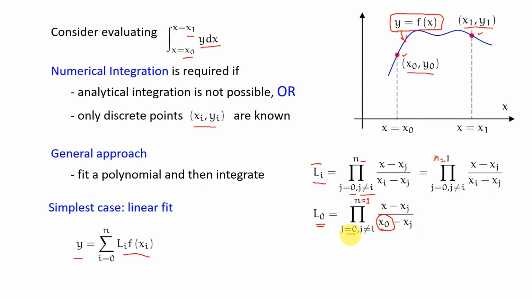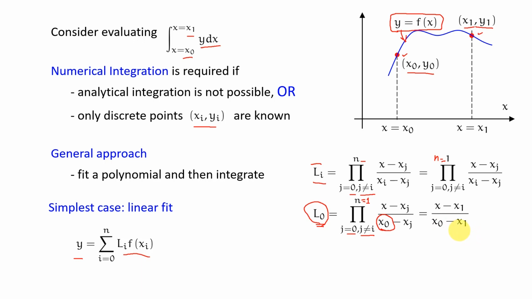In this product, j can go from 0 to 1, but since i equals 0, j cannot take the value of i, so j cannot be 0, which means j can only be 1, which means that my L0 is x minus x1 divided by x0 minus x1.